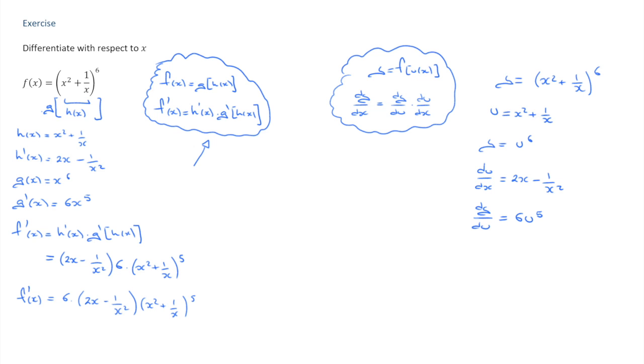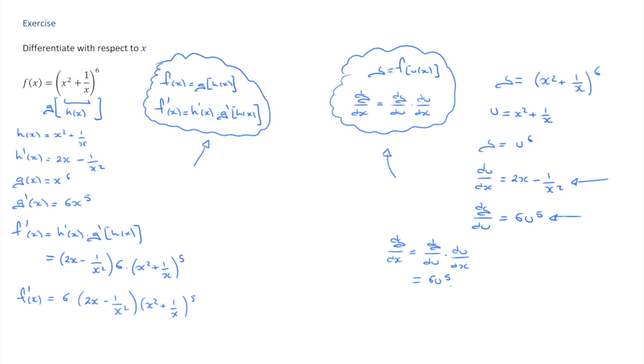And now we've done all the groundwork necessary to use this formula for the chain rule. Indeed, we can go ahead and write dy/dx equals dy/du times du/dx. And dy/du was 6u to the power of 5. We had just found that there. And du/dx we had found above.